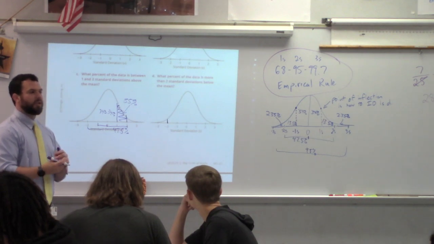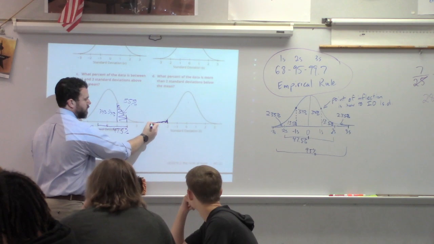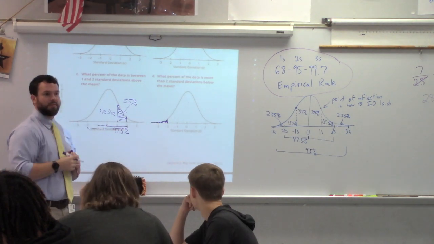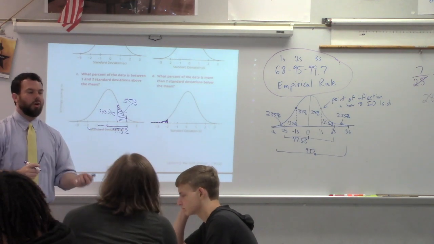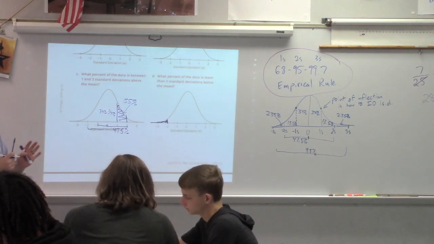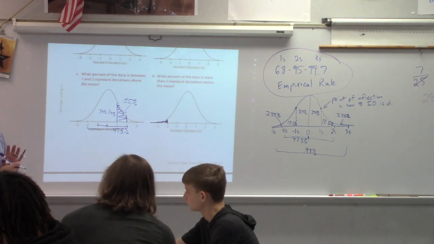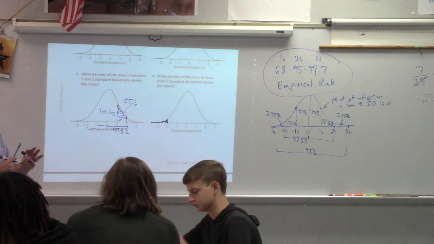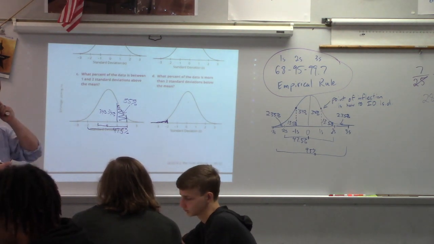So it's everything to the left. It is more than 2 standard deviations below the mean. The idea of more is further away. Please hear me again on that clearly. More than that below the mean means that it's going to be further away from the mean. Okay?